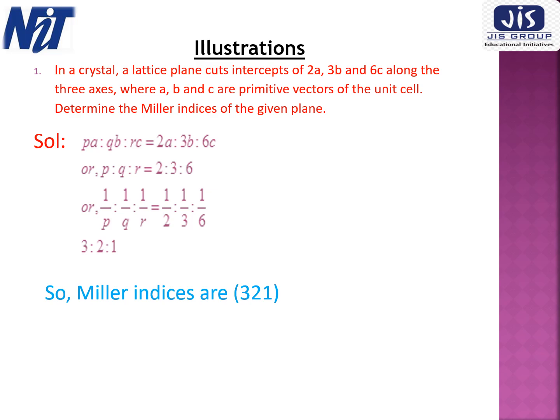So from that ABC will be cancelled out and we will get P ratio Q ratio R is equal to 2 ratio 3 ratio 6. Now taking the reciprocals, we will get 1 by P ratio 1 by Q ratio 1 by R is equal to 1 by 2 ratio 1 by 3 ratio 1 by 6. So the Miller indices will be 3 2 1.